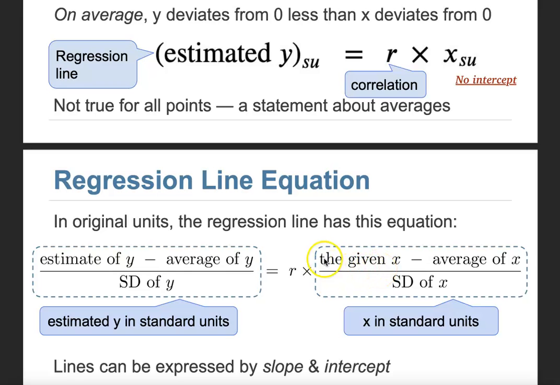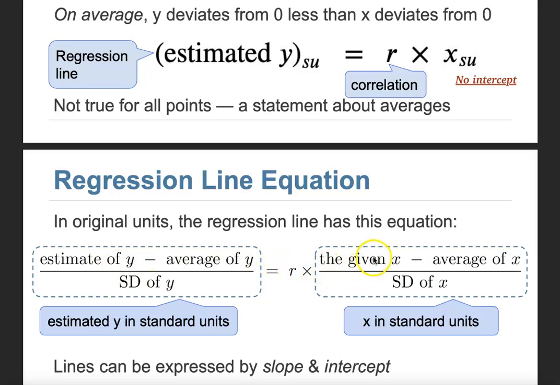By giving our midterm exam is 90, minus the average of the midterm exam, divided by the standard deviation of the midterm exam, times our correlation, we can get the estimate of the final exam, but in standard unit. Okay, so that's how we can do that.